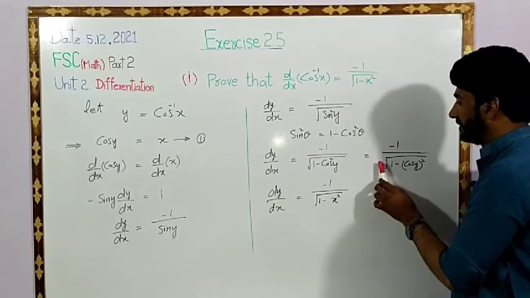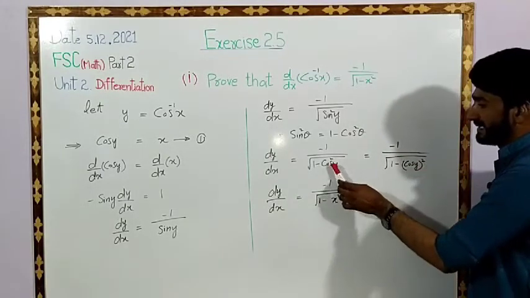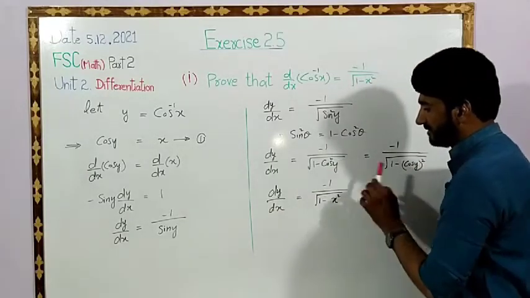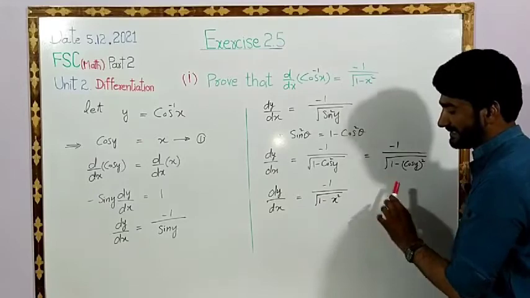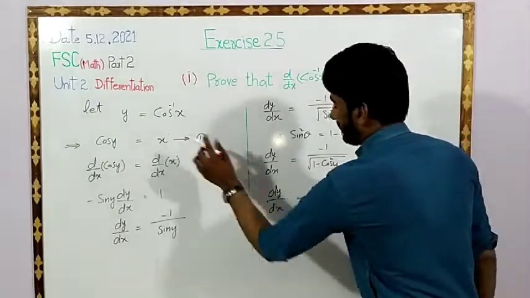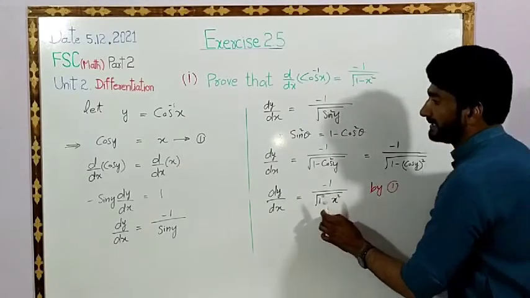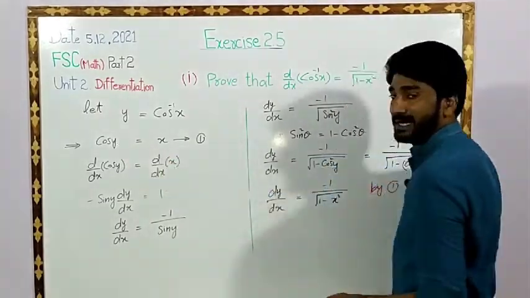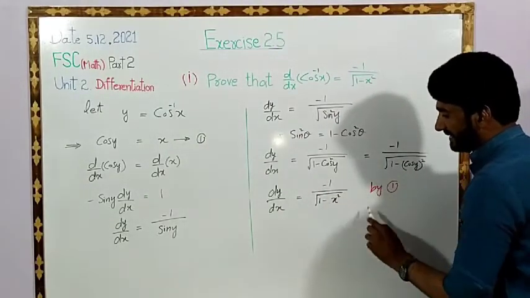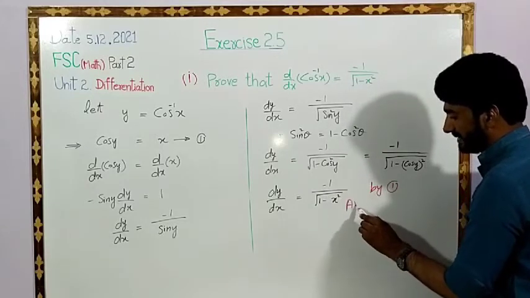By equation 1, cos y is equal to x. So the final result is minus 1 over under root 1 minus x square, and this is the answer.